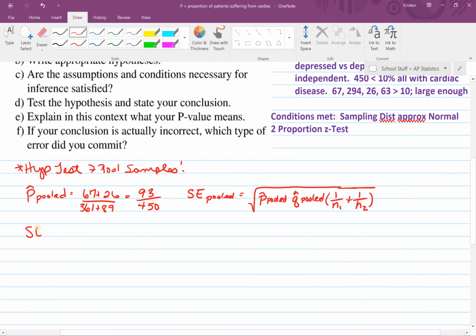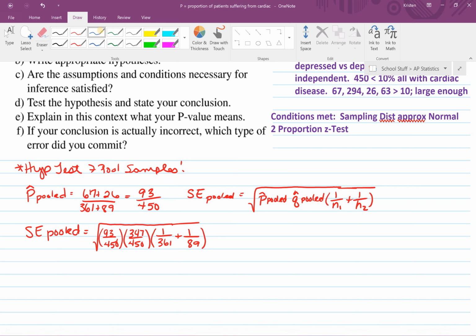So in this case, my standard error pooled is going to be the square root of 93 over 450. 450 minus 93 is going to be 347. My apologies. Okay, then 1 over sample size 1, 1 over sample size 2.